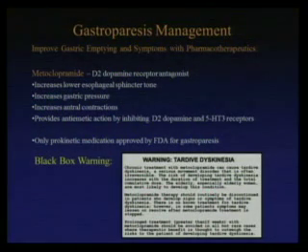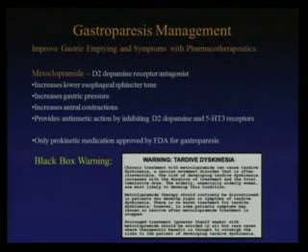In terms of the pharmacotherapies that are available for their treatment, there's only one that is FDA approved for the treatment of gastroparesis, and this is metoclopramide or Reglan. I think we've all seen it or are familiar with it. It is a D2 dopamine receptor antagonist and has a less potent stimulation of the 5-HT4 receptor as well.